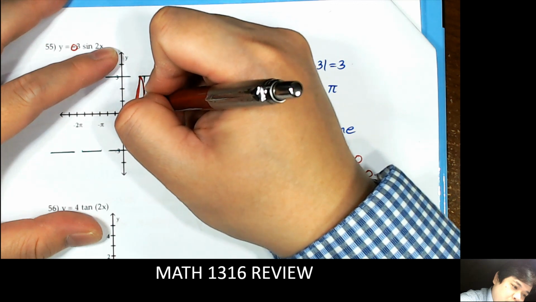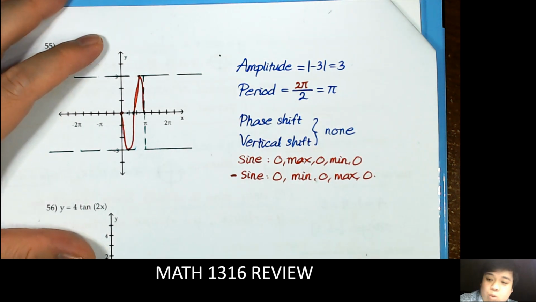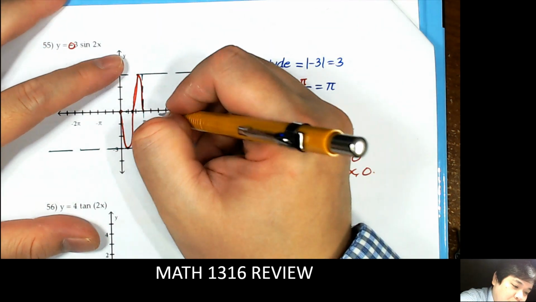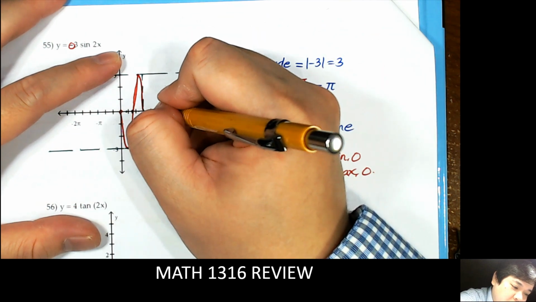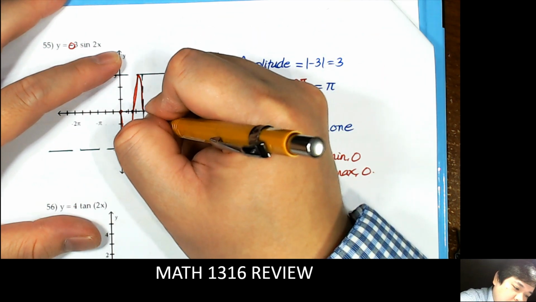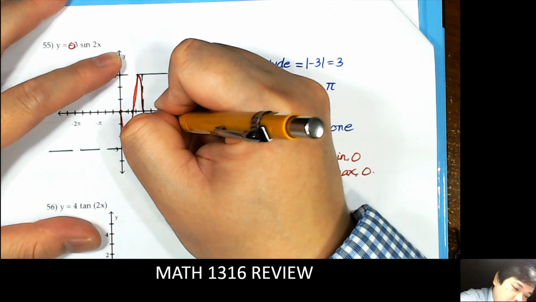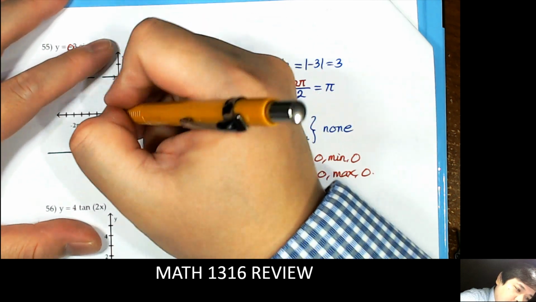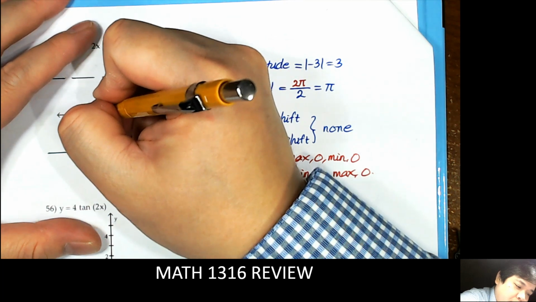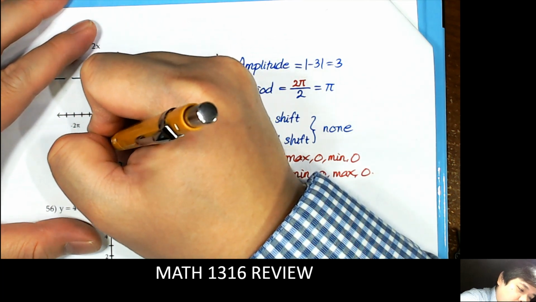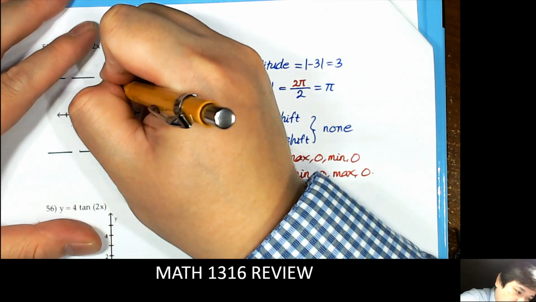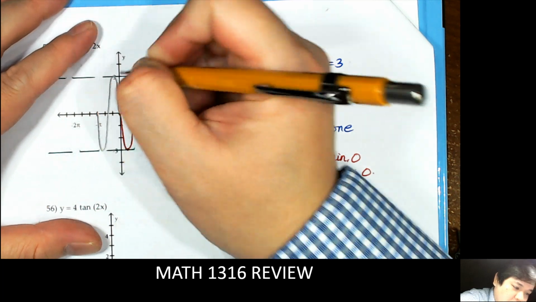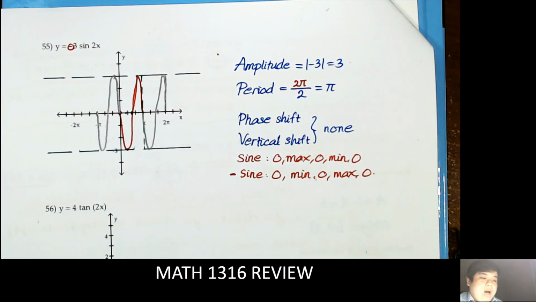Again, I should draw this with pencil. So that is 1 period. Once we have 1 period, we can just copy and paste for every period going down, and then just copy and paste throughout the whole interval.